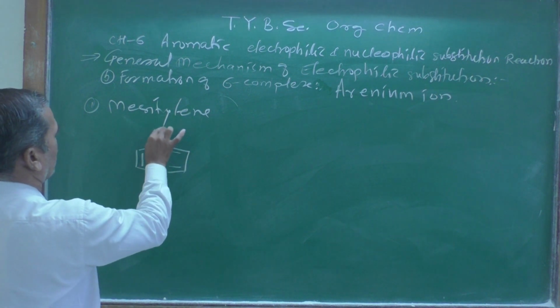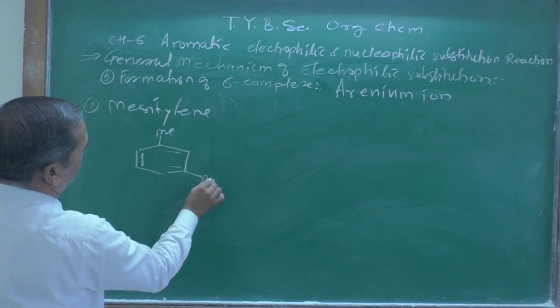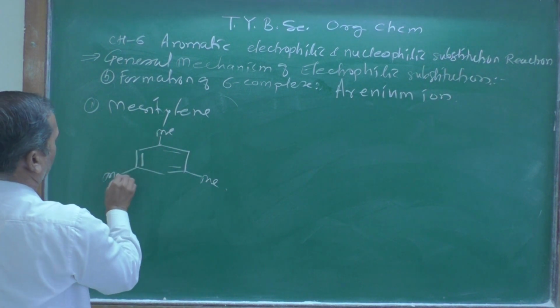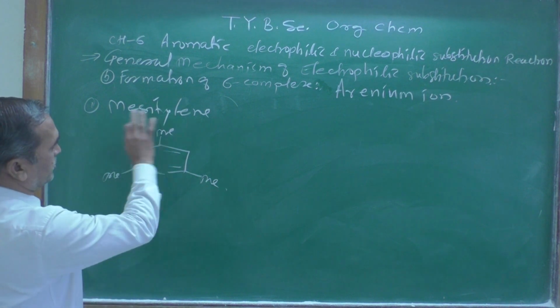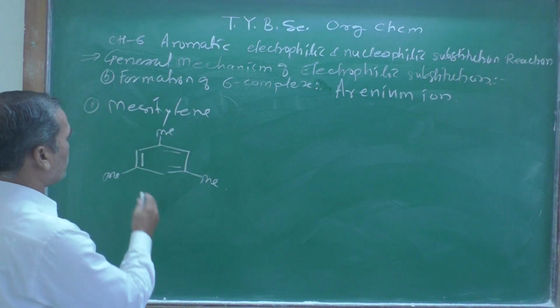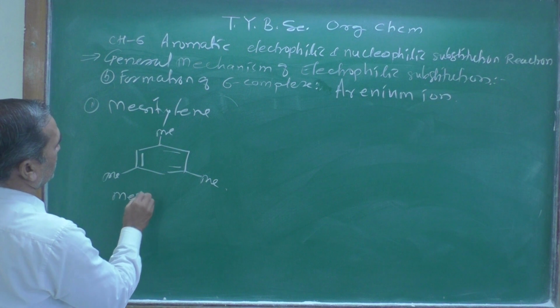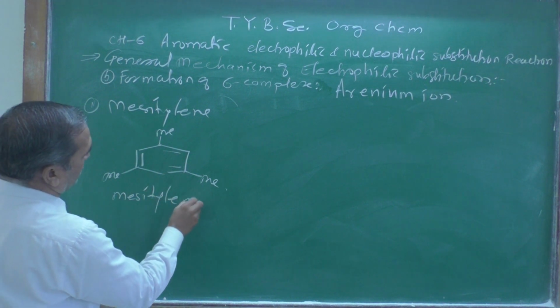This here is a methyl group, at this position also a methyl group, and this structure is known as mesitylene, which is a common name of this compound.